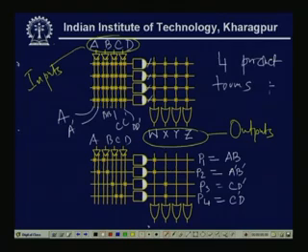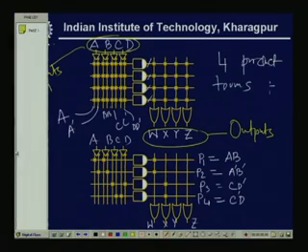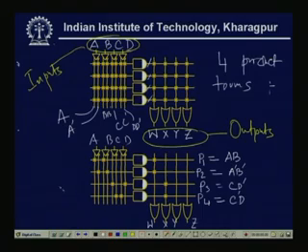Now, the 4 outputs are W, X, Y and Z. What will be their representation? W equals, see these are in one column. If crosses exist, we have to consider these 2 product terms P1 and P2.